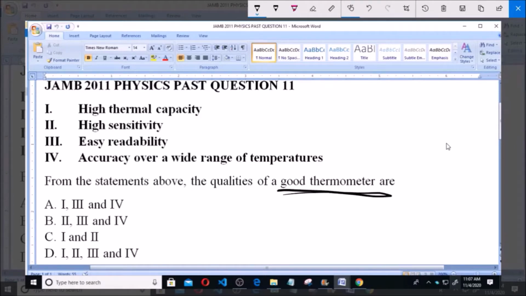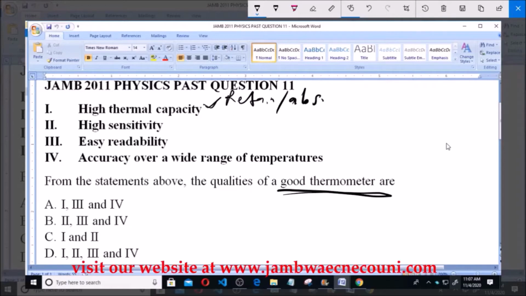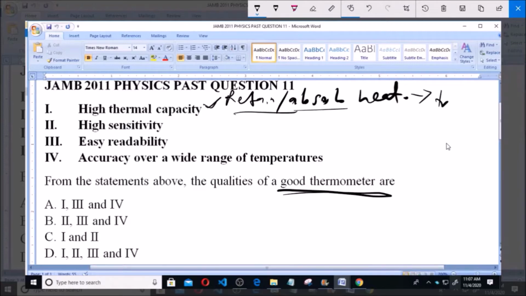Now, when talking about high thermal capacity, they are talking about the ability to retain or absorb heat. And any material that's able to absorb or retain heat is also capable of transferring heat.